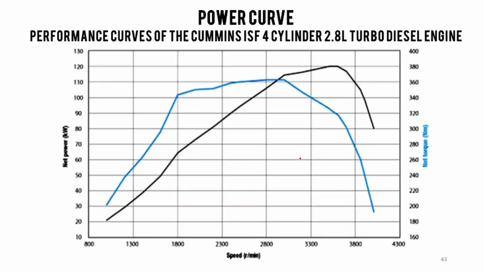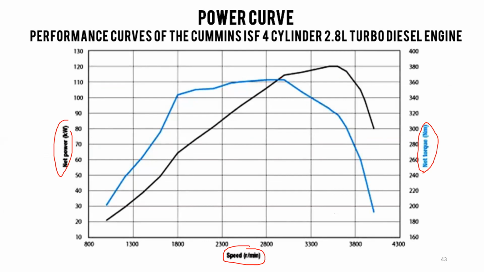Okay, so this is the power curve, the performance curve, of one of the types of engine. So this is the graphic between the net power and also the speed in RPM, I guess, and also the net torque. So there will be the kind of optimum net power at the specific speed or rotations in this case.